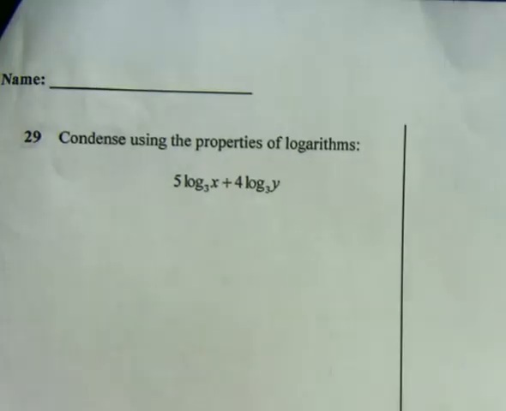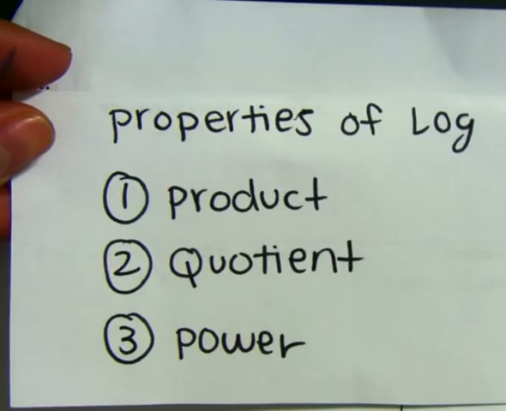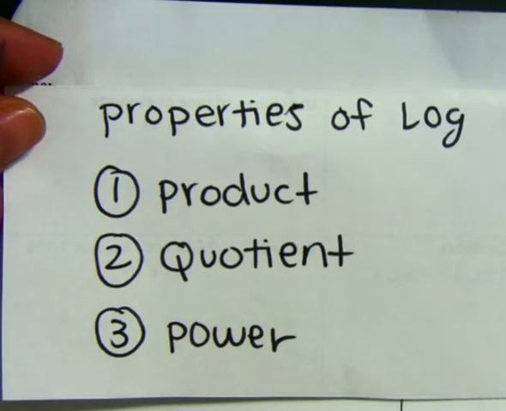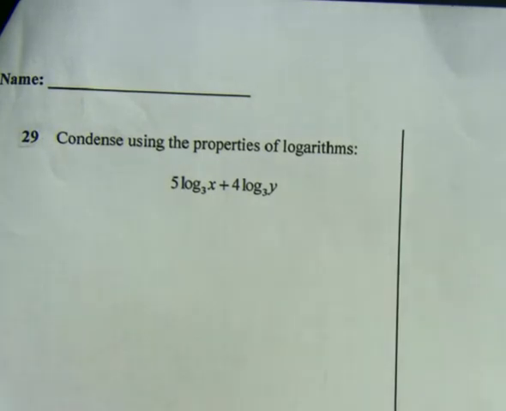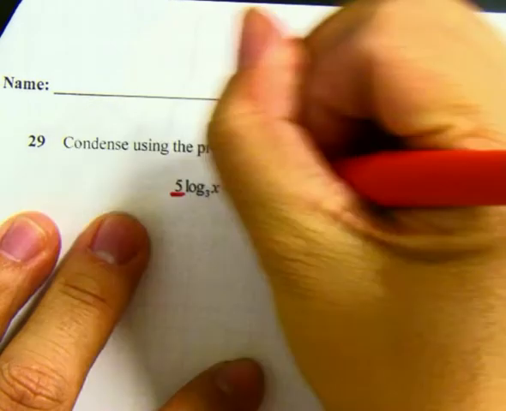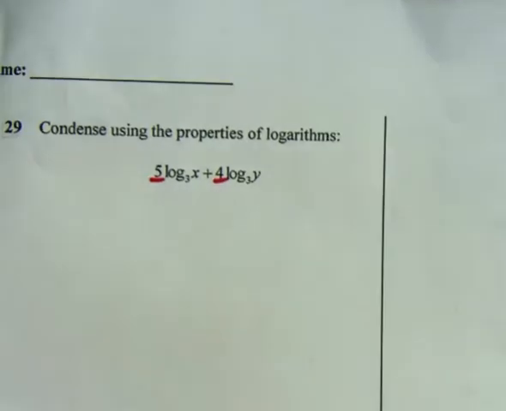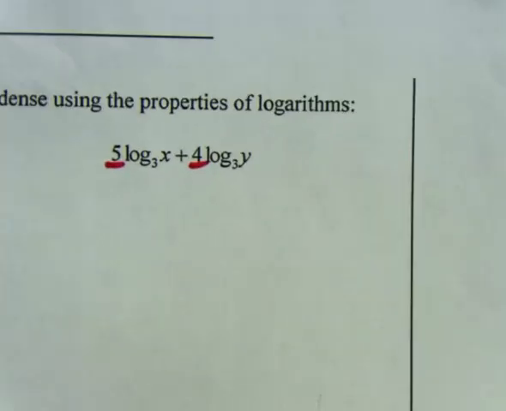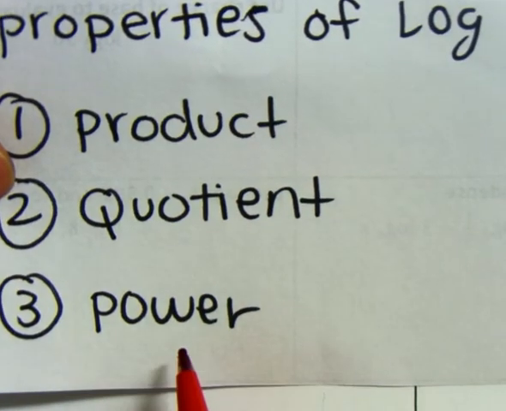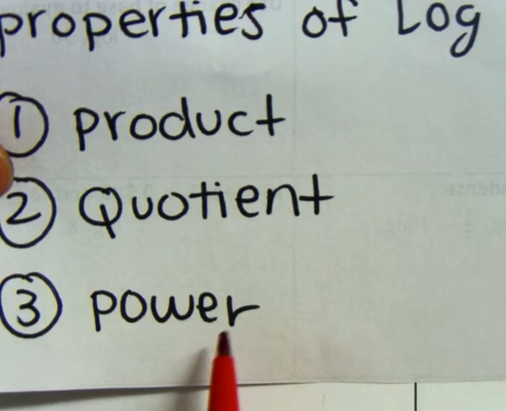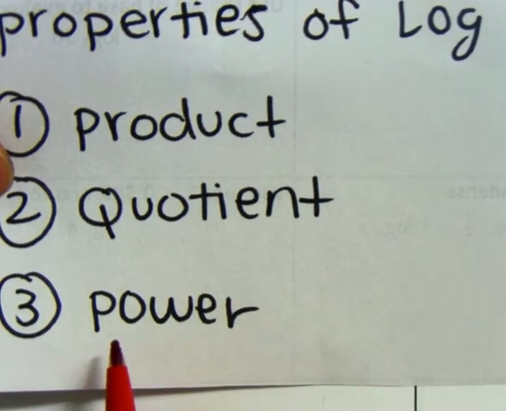29, we are condensing using properties of log. You have 3 properties: product, quotient, and power. So let's look at what we have first. It looks like I have some coefficients in front. I have a 5 and I have a 4 coefficient. So I know that the power property allows me to bring an exponent down to the front and become a coefficient.